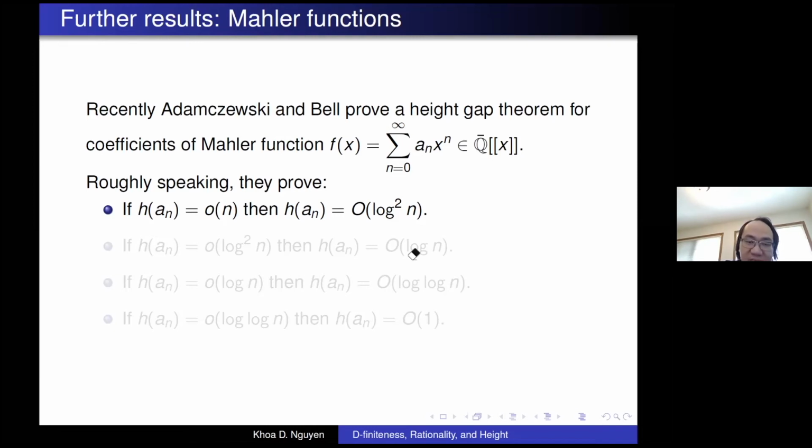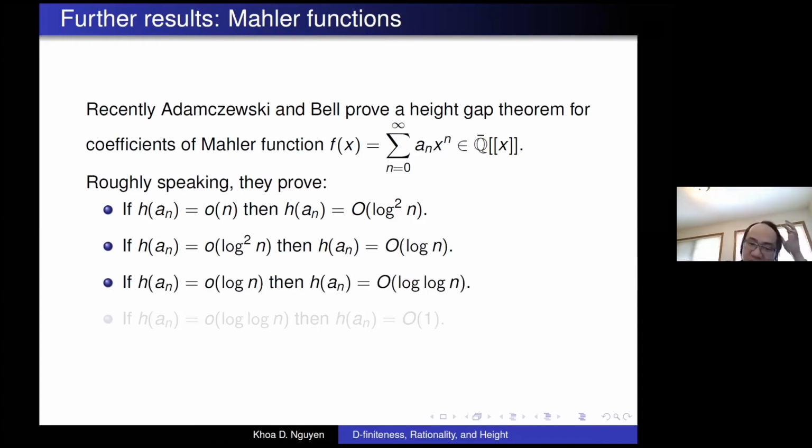They consider Mahler functions and their coefficients, and roughly speaking they prove a similar kind of result. If the height of the coefficients is dominated by n, then it drops down to log squared n. If it is dominated by log squared n, then it's around log n at most. And if it is dominated by log n, it has to be bounded. That's what they prove.